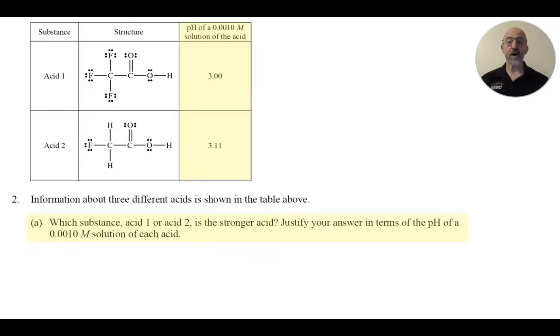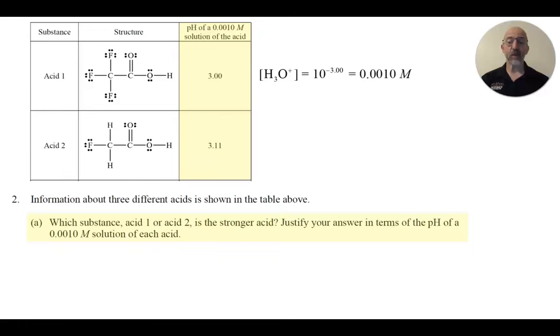So for acid 1, that 0.0010 molar solution of that acid, the concentration of the hydronium ion is equal to 10 to the minus 3, and you can see that the concentration of the hydronium ion is 0.0010 molar, so that's a pretty strong acid, acid 1.